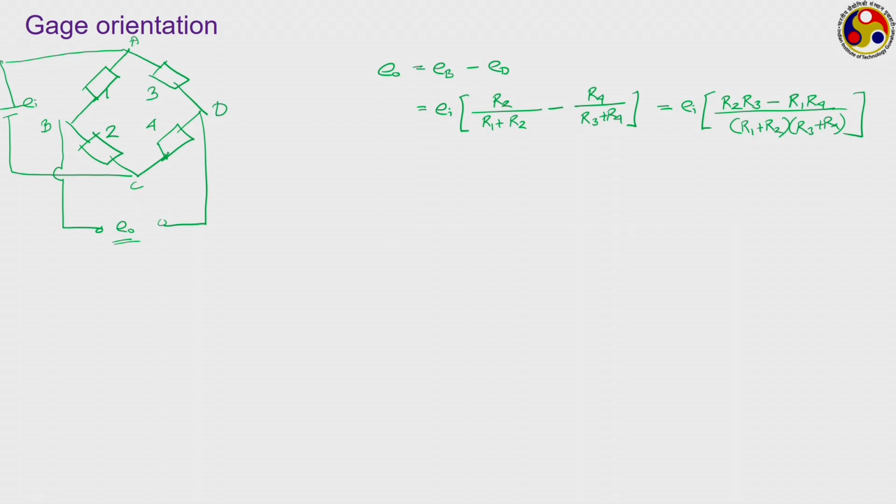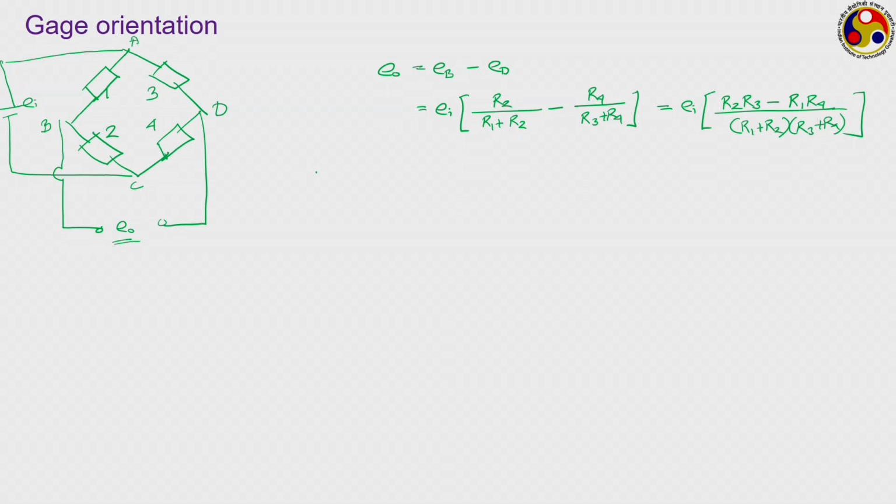Now, let us assume that 1, 2, 3 and 4 all can act as strain gauges. That is, in a situation all of them can change, or any one of them can change, or any of the resistances can change their values. That is, R1, R2, R3 or R4, any one of them or several of them can change simultaneously, thereby causing a change in this E naught.